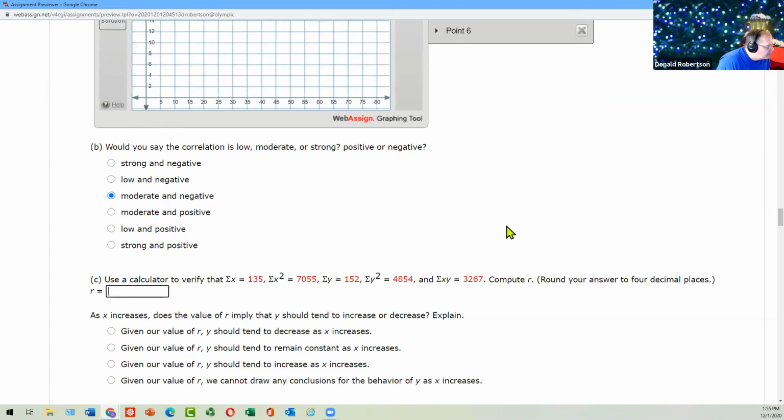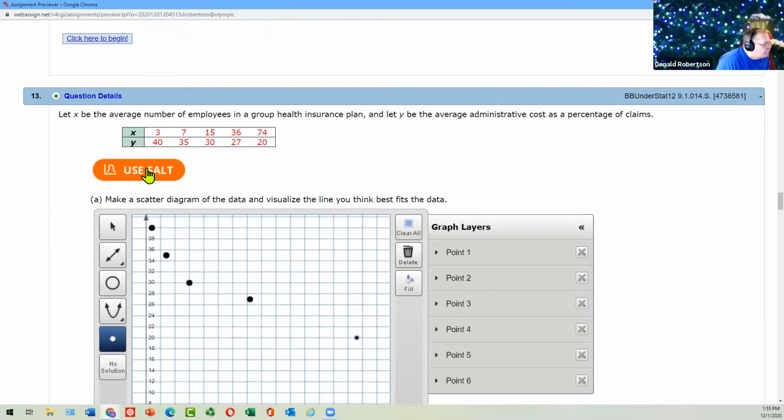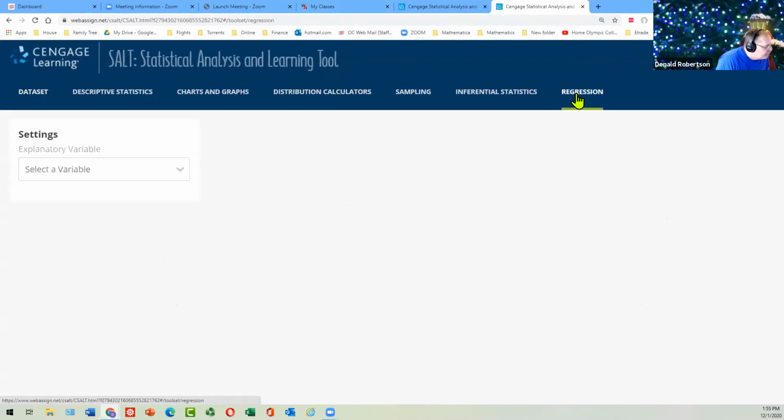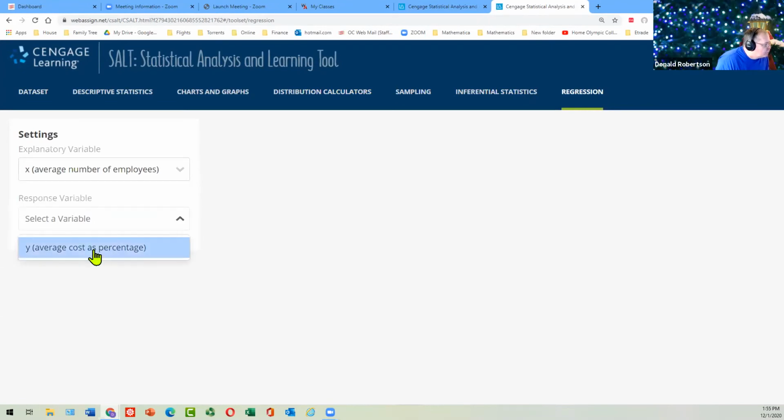Now we're going to get the R value. Use salt. Go to regression. X is this fella. Y is this fella.